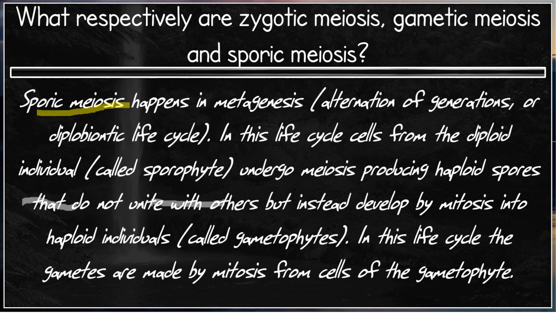Sporic meiosis happens in metagenesis, alternation of generation, or diplobiontic life cycle.